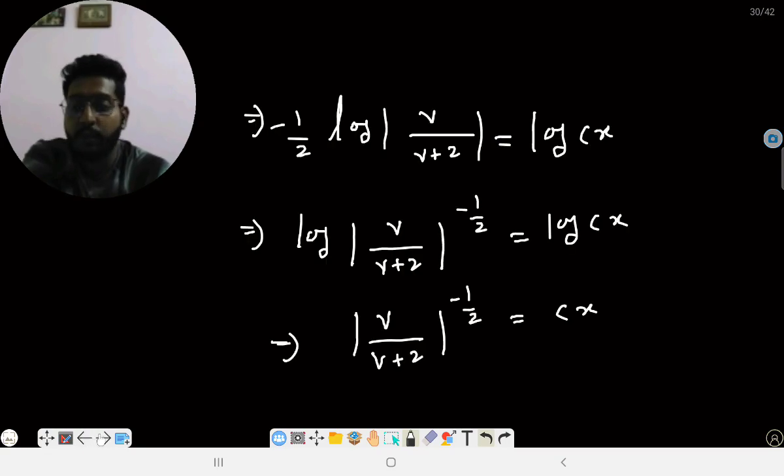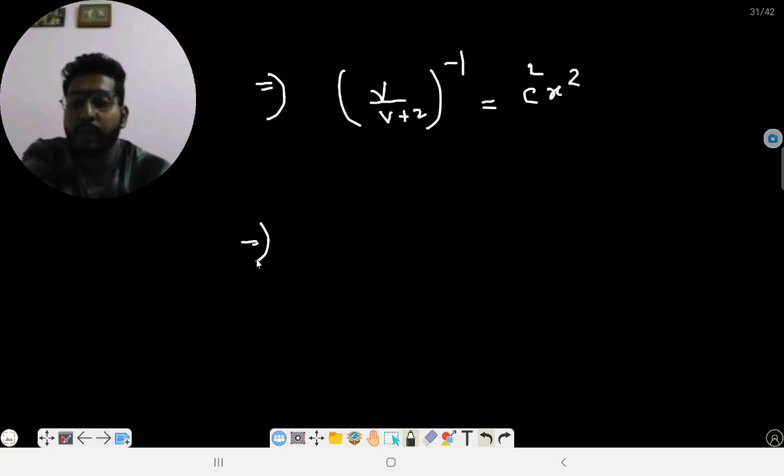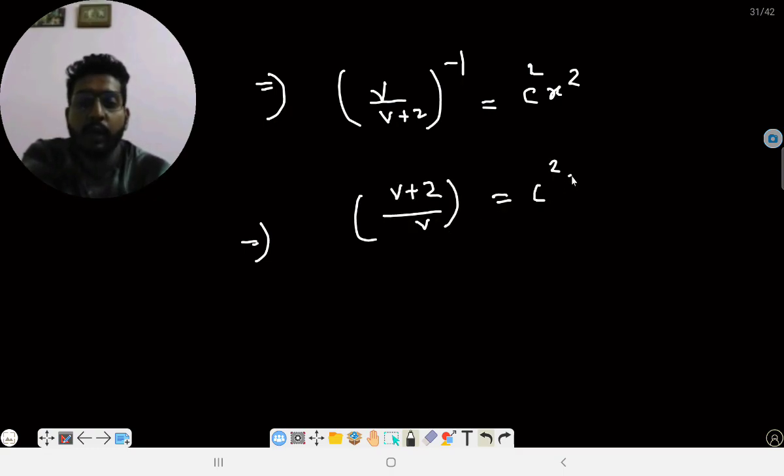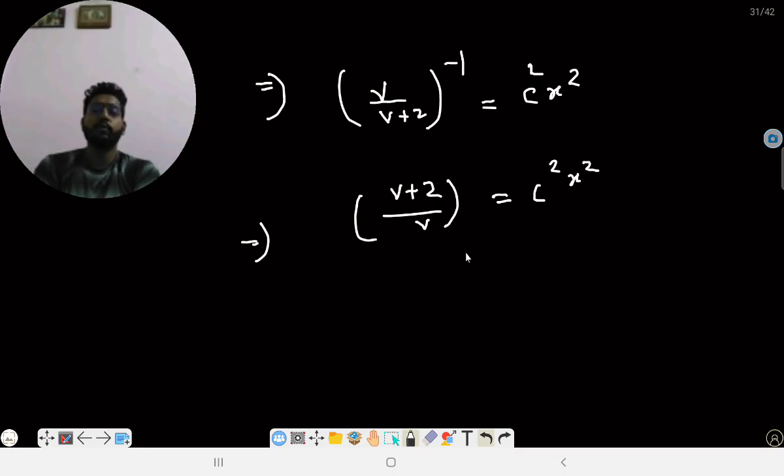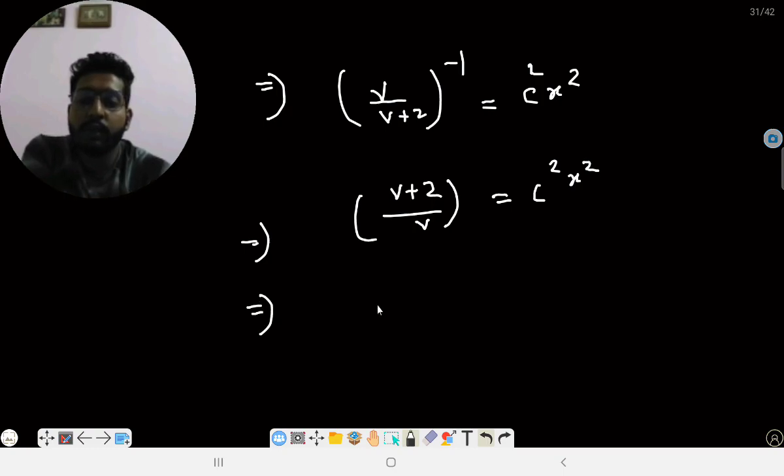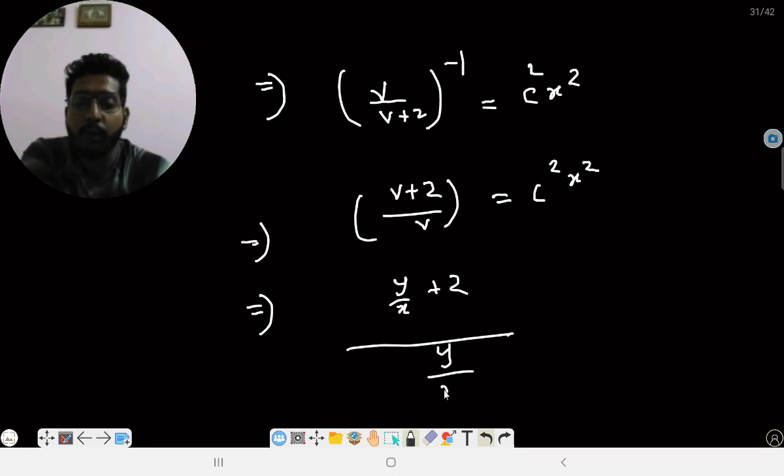Again, the power is minus, so that will become (v plus 2) by v equals c square x square. Now just put the value of v. We know the value of v is y by x. So the value of v is y by x, plus 2, by y by x, equals c square x square.